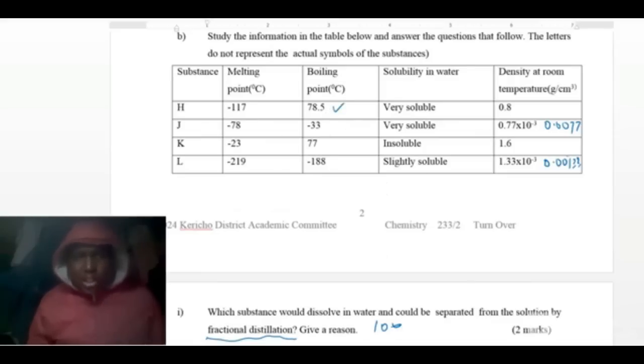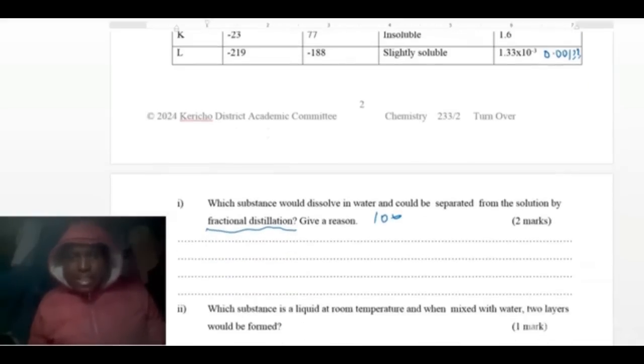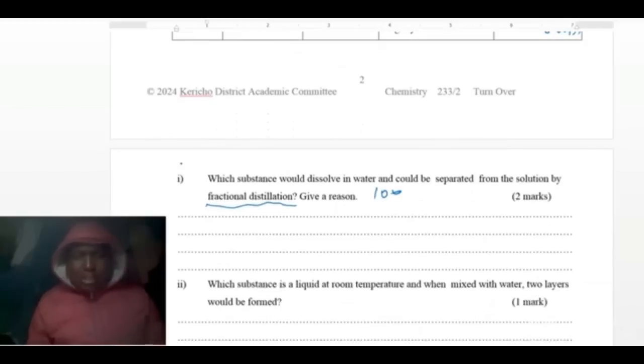Therefore H will dissolve in water because it is soluble. You can see it's soluble in water and then can be separated by fractional distillation because they have different but close boiling points.